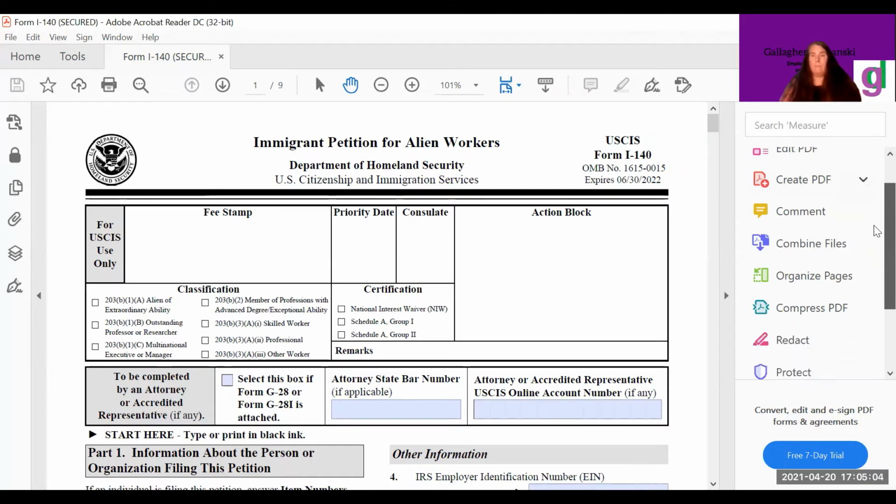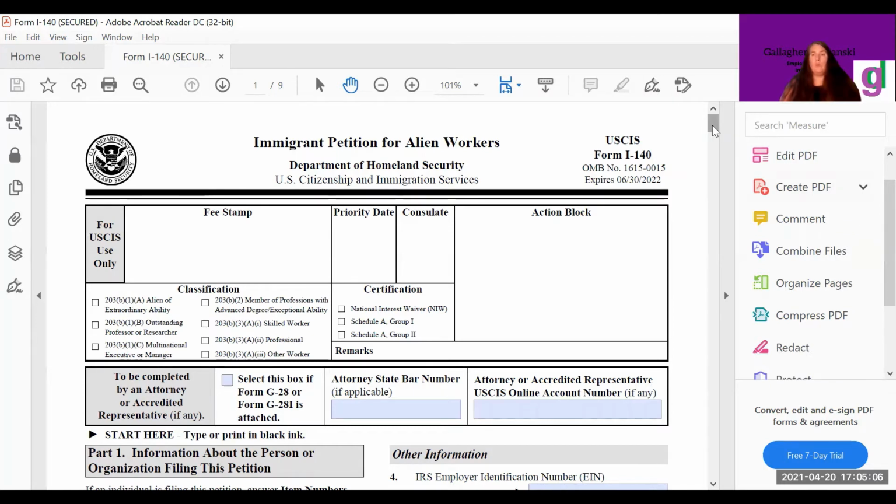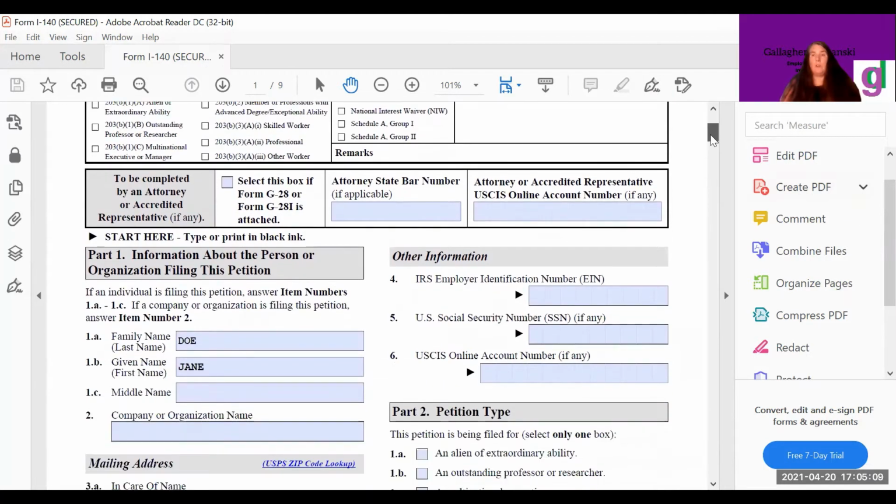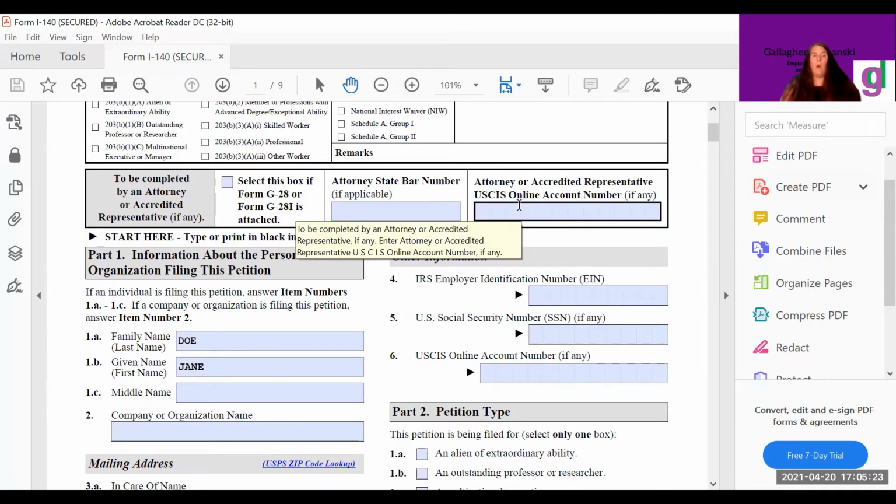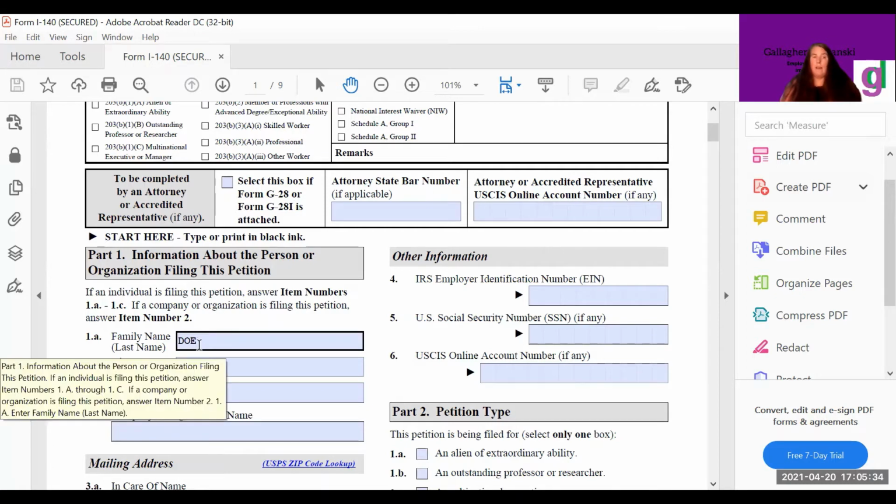So first of all, if you're not using an attorney, so you're filling it out yourself, you would not have a G-28 attached, and you wouldn't need an attorney state bar number or online account number. It's as if an individual is filing the petition, which is you, so you would put your last name and first name.